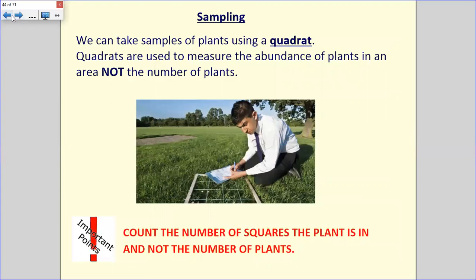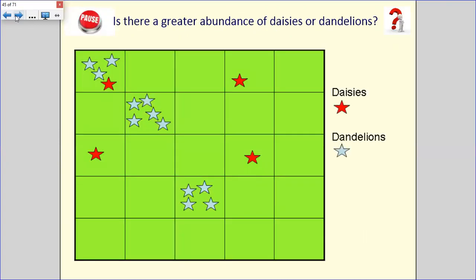The key thing to remember is when you drop a quadrat onto the ground, you are not counting the number of plants. Okay? You are counting the number of squares the plant is in, not the number of plants. So, have a look at this quadrat and answer that question. Is there a greater abundance of daisies or dandelions?